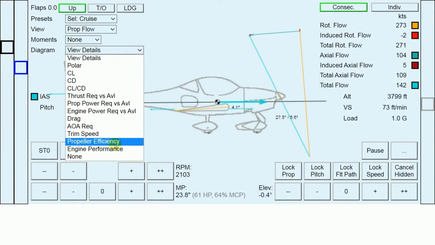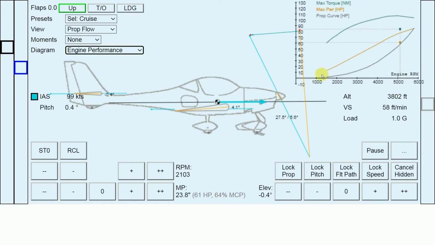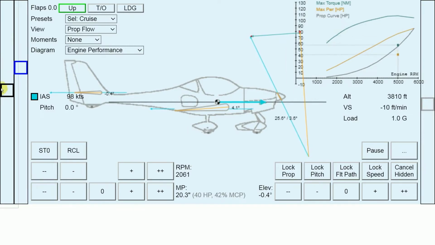The engine performance diagram shows the implementation of this performance graph in FOFSIM. This diagram also has dynamic readouts for the current values of engine power and torque. They are computed in real time and all changes are visualized accordingly.